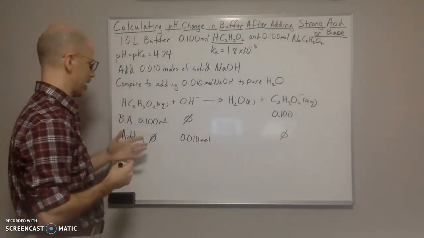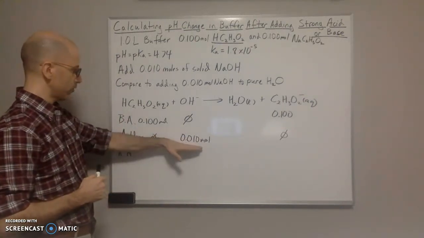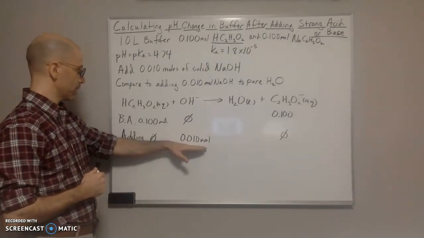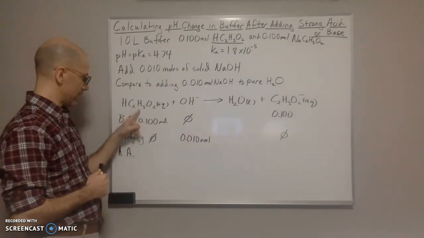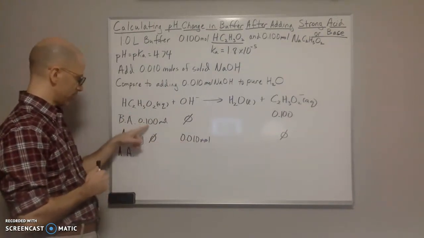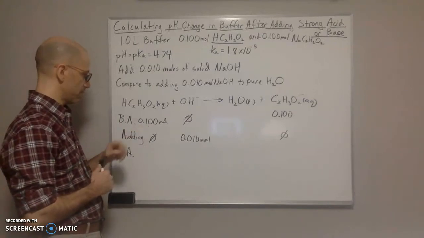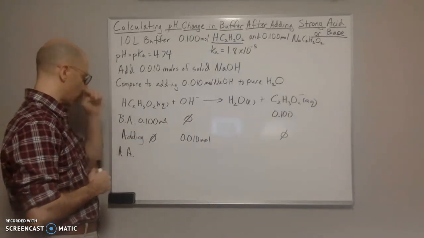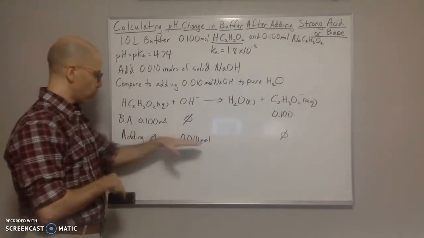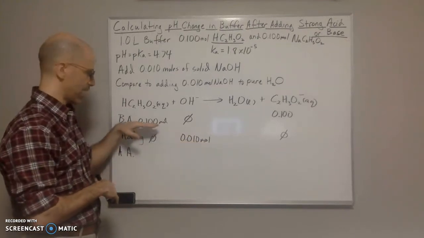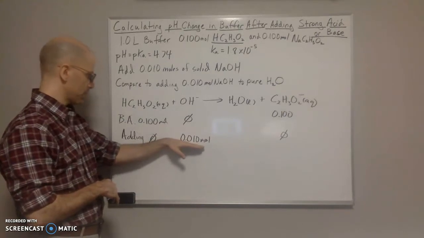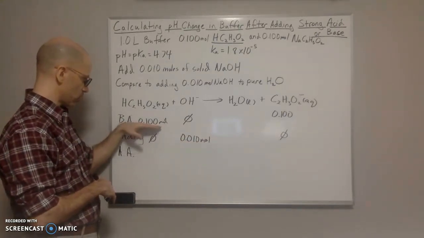So then what's going to happen is the hydroxide is going to react with the acid that we had to begin with. It's a strong base, so 100% of it is going to react with an equivalent amount of the acid. So 0.010 moles is going to react with 0.010 moles of the acid.